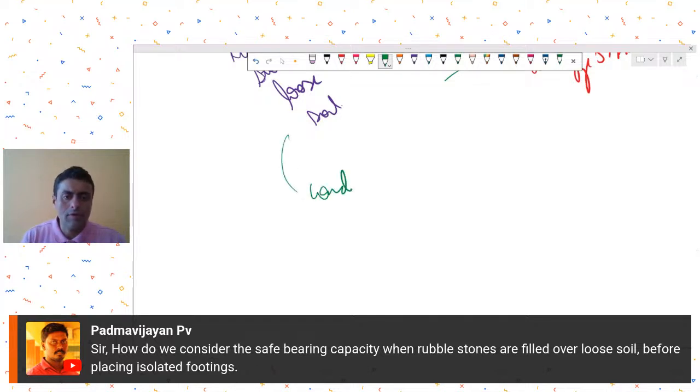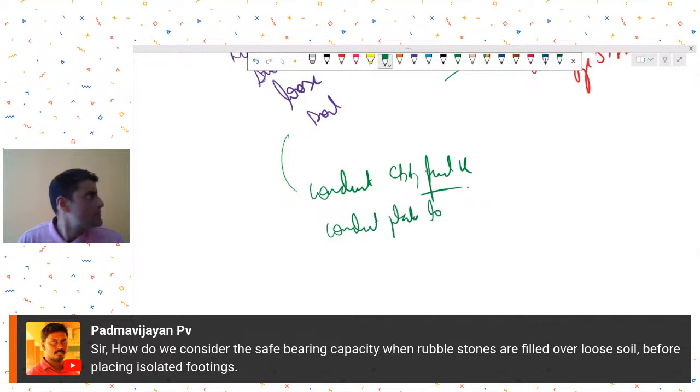So that can be one of the ways. The next way can be to conduct a plate load test. You conduct an actual plate load test on that rubble strata and then try to assess the bearing pressure, the bearing capacity of your soil.